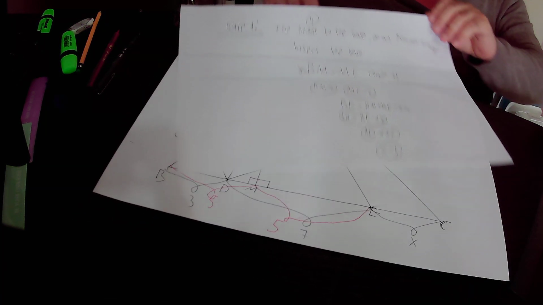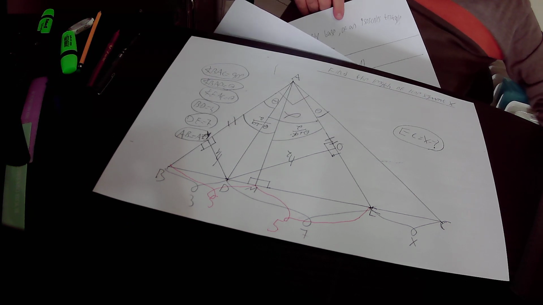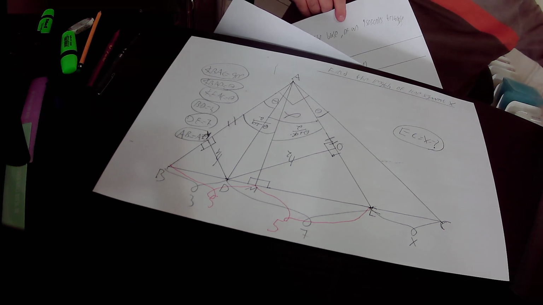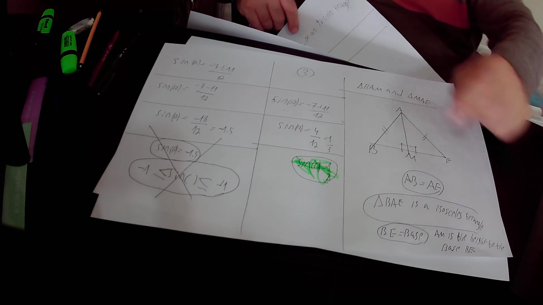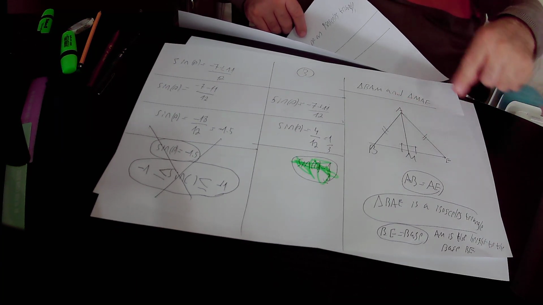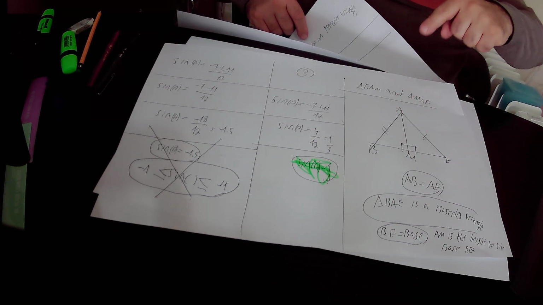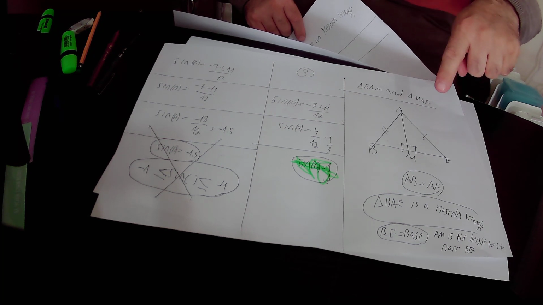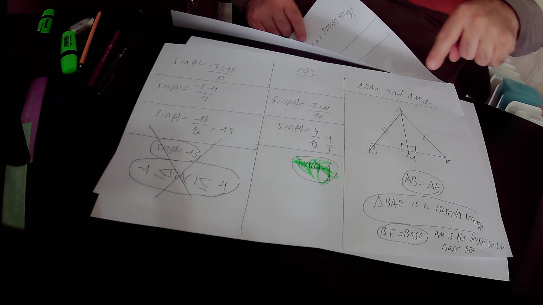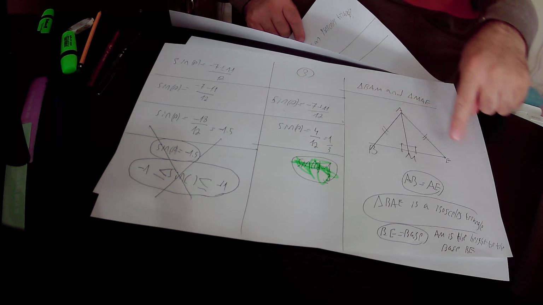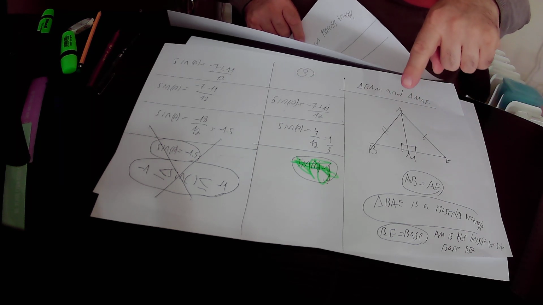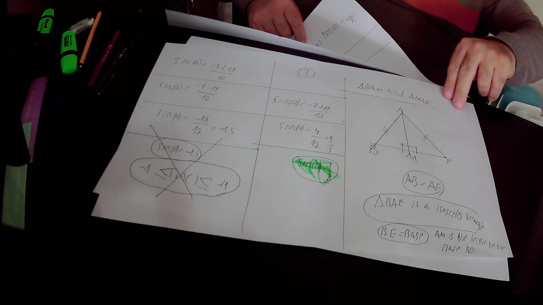So here we have the height AM to the base BE in the isosceles triangle ABE. So according to rule number 1, the height AM bisects the base BE. That is to say, according to rule number 1, BM equals ME.